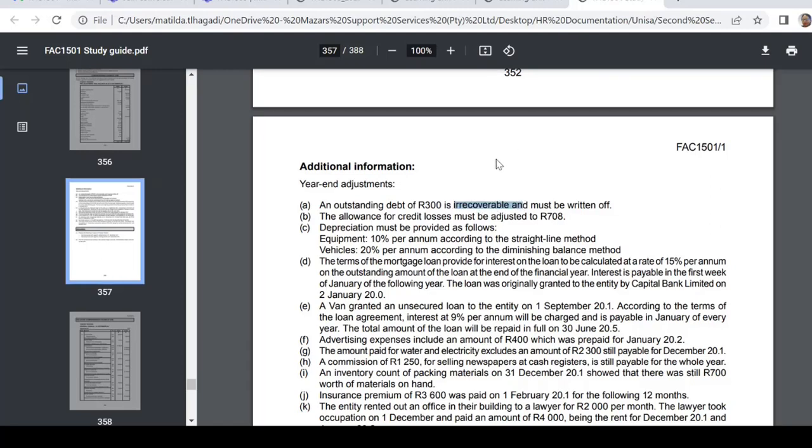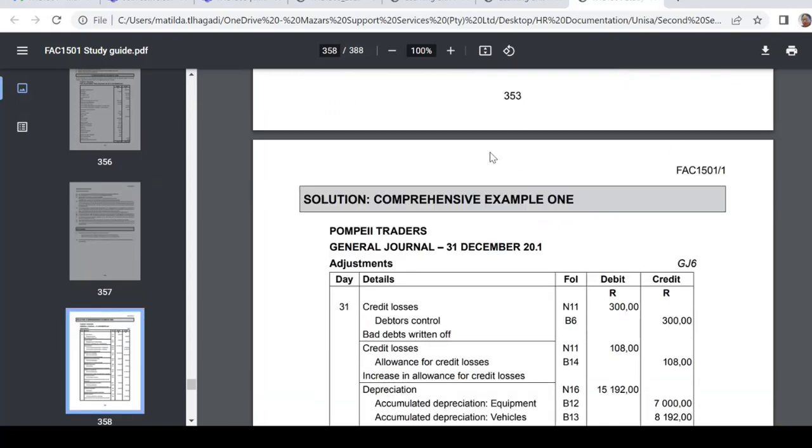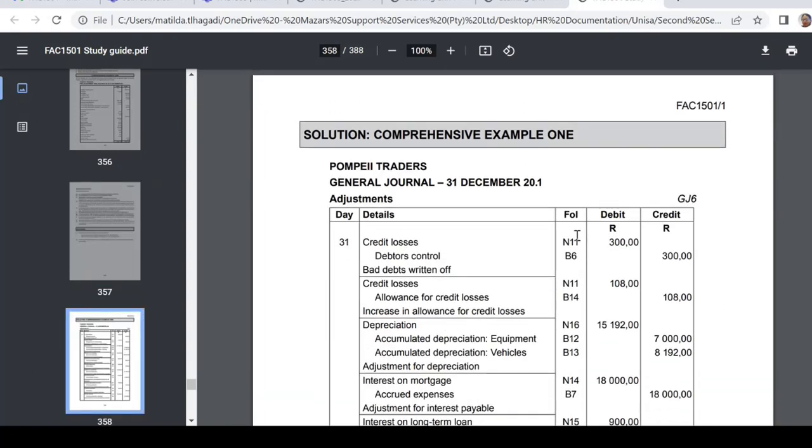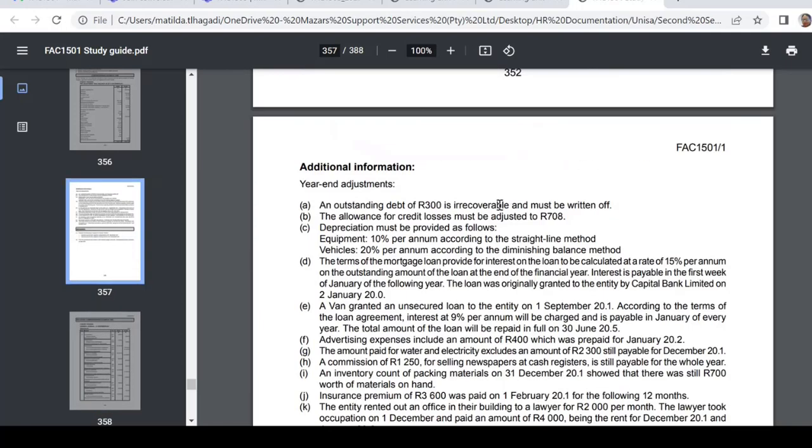There must be an expense and there must be an asset. The expense is credit losses and the asset is debtors control. So it's going to be debit credit losses, the expense, and credit debtors control.